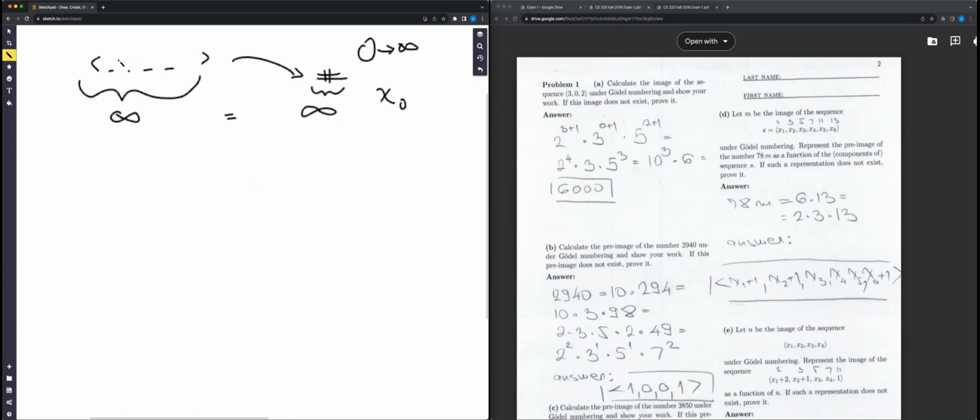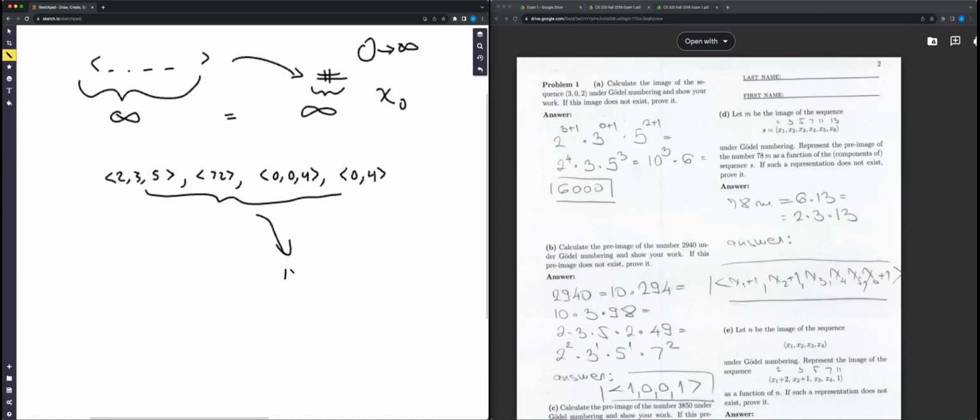So if I can show that I can make anything like 2, 3, 5, and 72 and 0, 0, 4 and 0, 4, if I can figure out a way to map all of these to a distinct integer on the number line, then they are the same size infinity. And if they're the same size infinity, that means they're both countable.